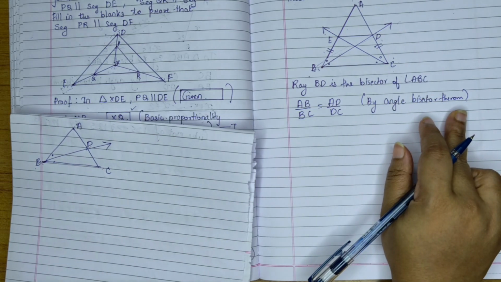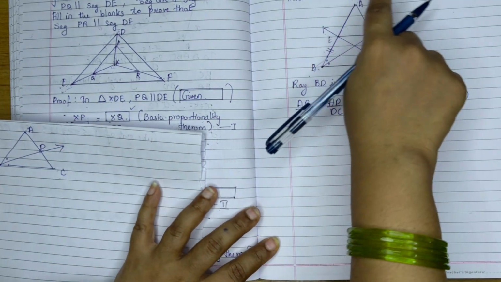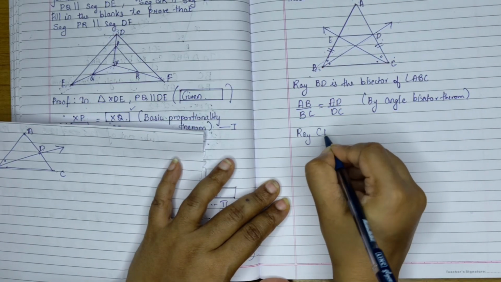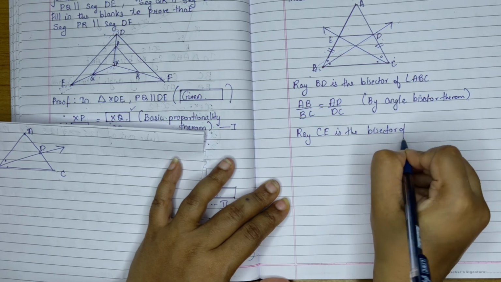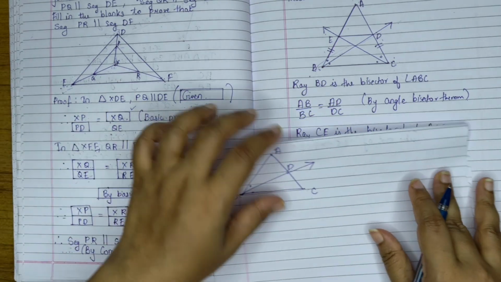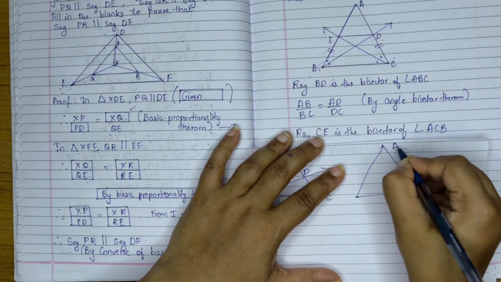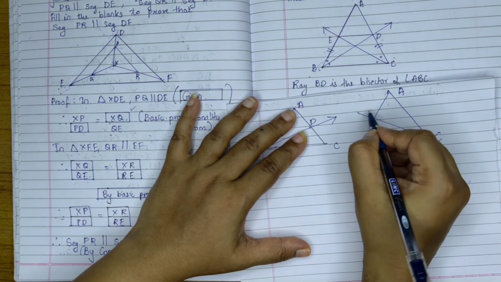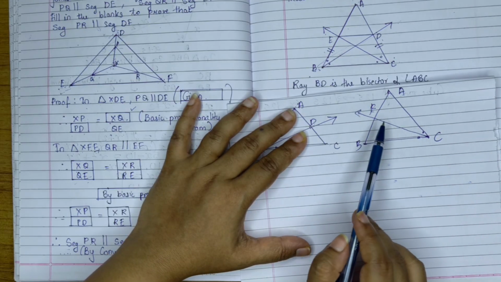Now we will take the next one. When ray CE is the bisector of angle ACB, now see, the same triangle I am drawing: A, B, C. Now we are taking CE as the bisector. If I am taking CE as the bisector, what will I get by the angle bisector theorem?